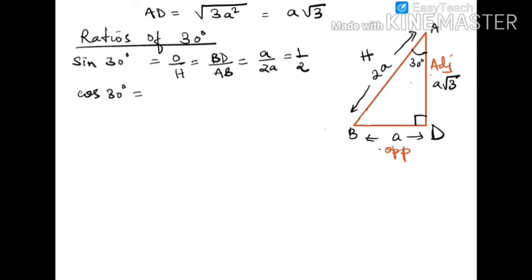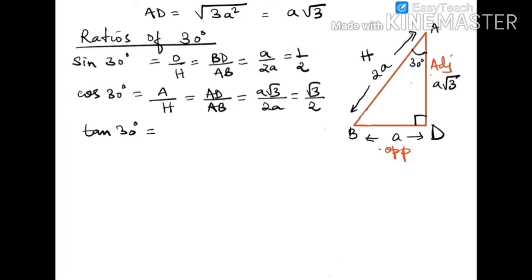Cos 30 degrees is adjacent upon hypotenuse, and that is equal to AD upon AB, that is equal to A root 3 upon 2A. So that gives us root 3 upon 2. Tan 30 degrees is equal to opposite upon adjacent, that is equal to BD upon AD. So that is A upon A root 3, which is 1 upon root 3.